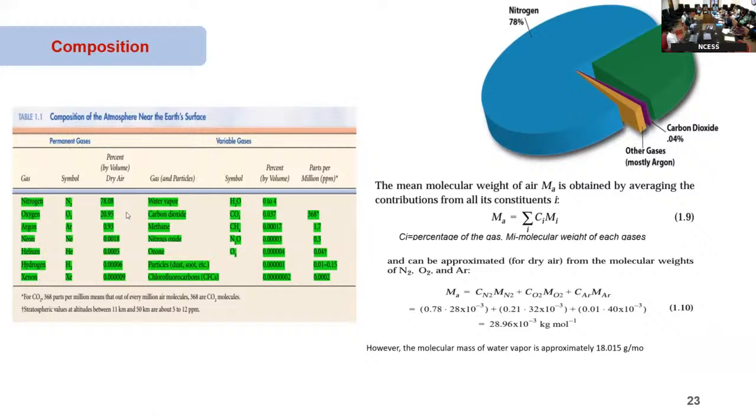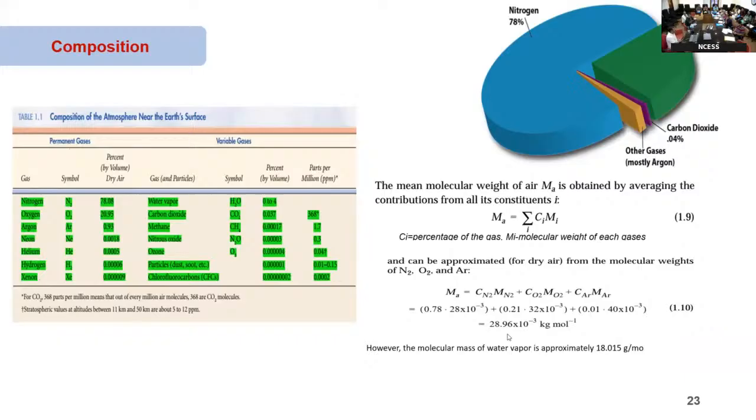If you calculate the total average weight of air, the molecular weight comes to around 28.96 grams per mole. This is much higher than that of water vapor.